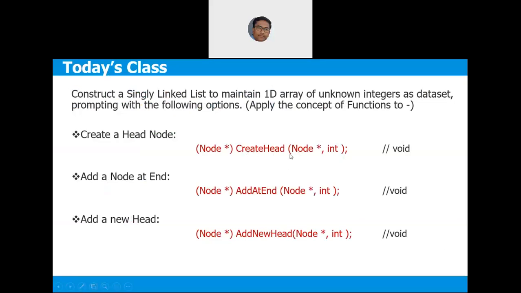Write a C++ function that will pass the address of the head node along with the value with which it has to be added, and it creates a new head, returning the appropriate starting place of the head node. So these are the sort of questions which will be asked in your 2 marks or sometimes even for 4 marks based on the complexity.